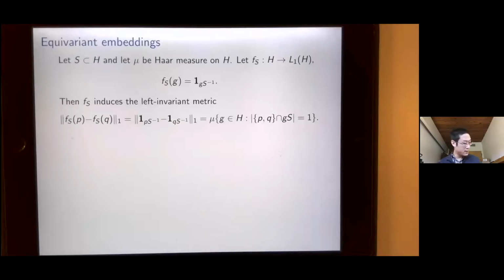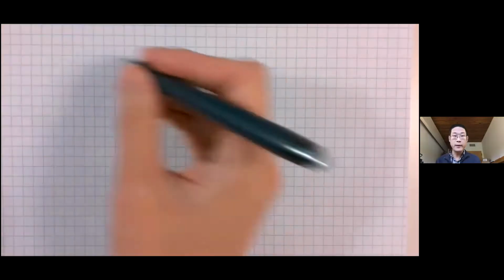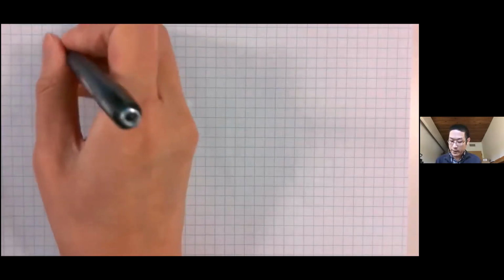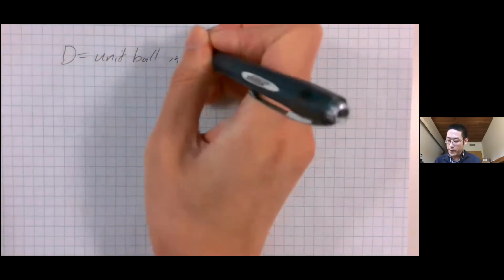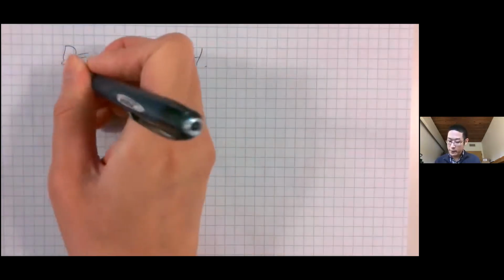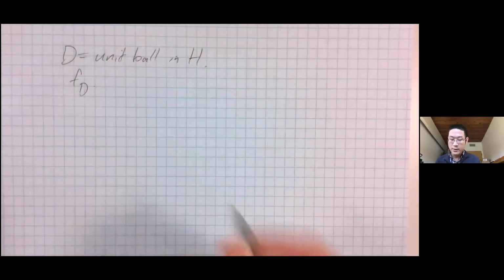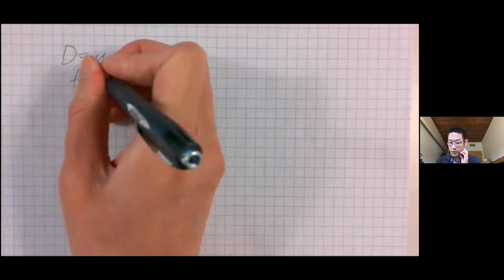This is a little bit subtle, so it's worthwhile thinking about this for a bit. So let's look at an example. Let's take D to be the unit ball in the Heisenberg group, and then let's consider f sub D. So remember what this does.